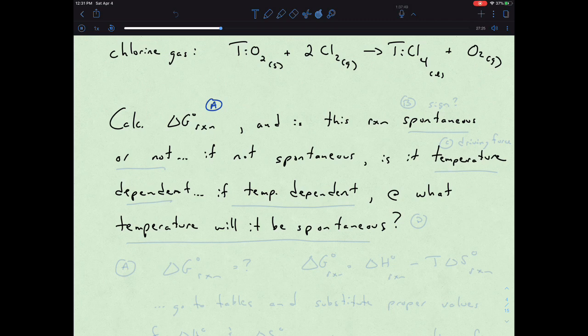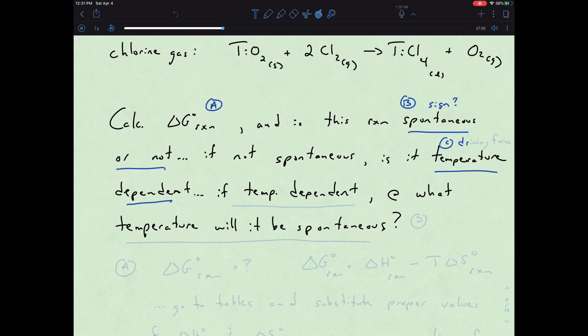Depending on the sign, we have this notion of whether the reaction is spontaneous or not. That would be part B. Once we've calculated delta G, what is that sign? And then the next bit, part C, is it temperature dependent?